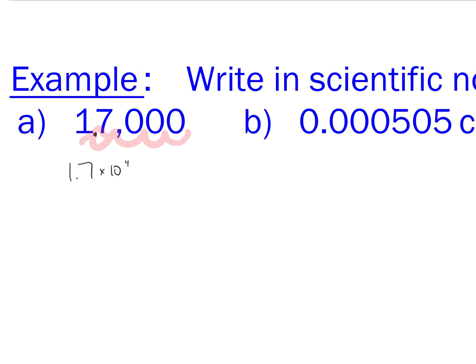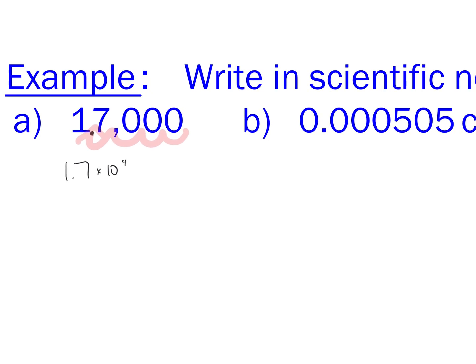So next question, we find the first number that's not a 0, and that's this 5 right here. So we put a decimal after the 5. Now, as I've said so far today, you don't have to write zeros in the beginning, or zeros in the end. But if you have a 0 in between numbers, you have to write it.